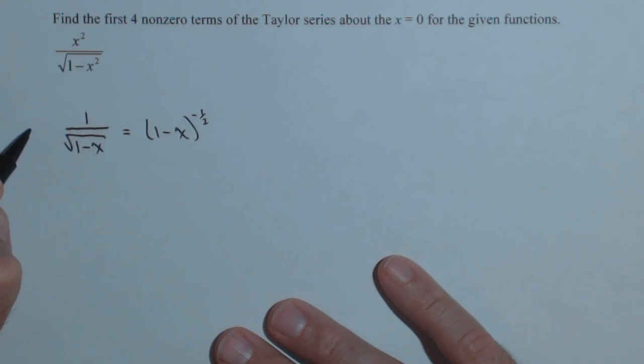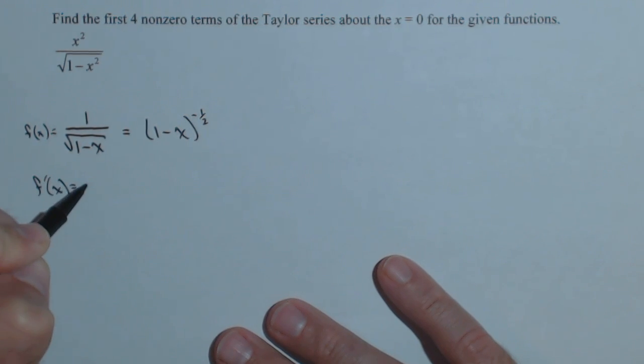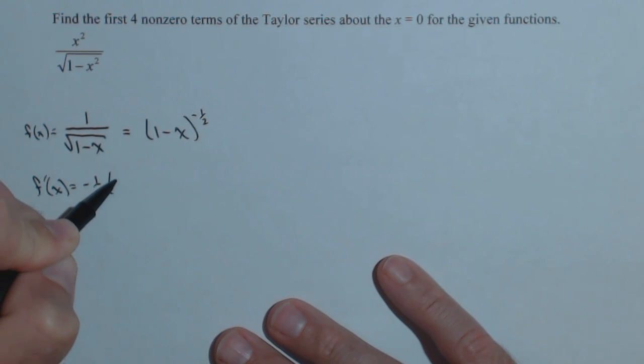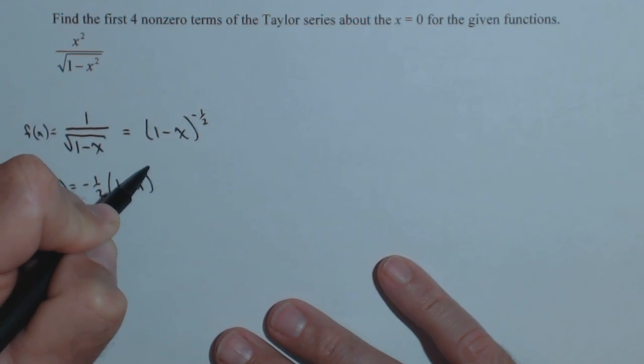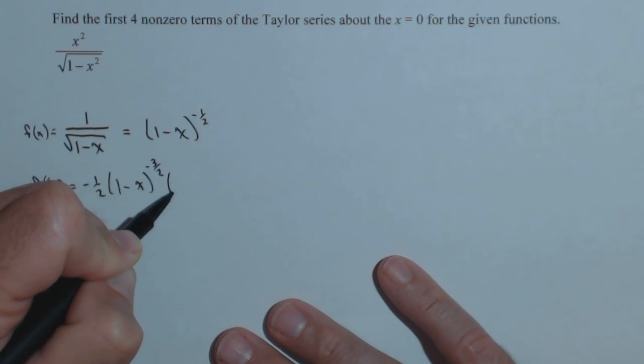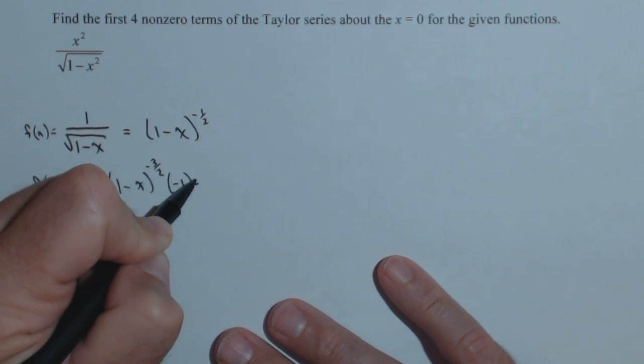So there's our f of x. And let's work our way down. Our f prime of x equals negative 1/2 times 1 minus x to the negative 3/2 times a negative 1 because of the chain rule.